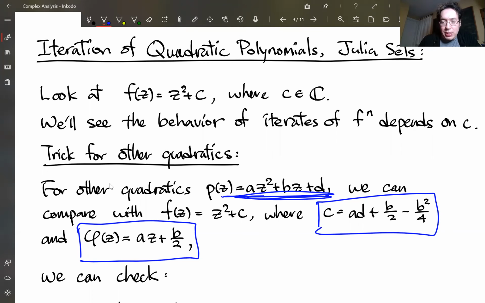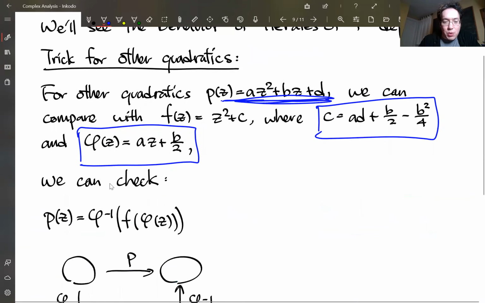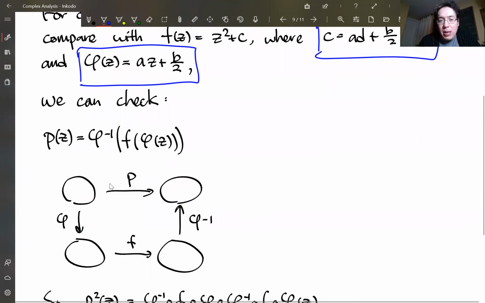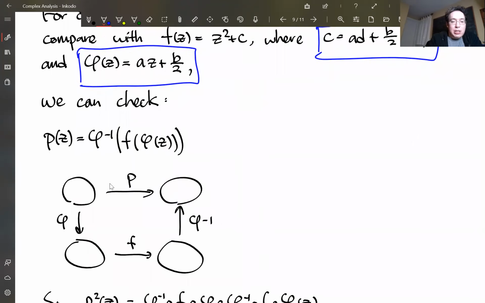So how are we going to use this to reduce to z squared plus c? Here's the trick. It turns out that you could get this general polynomial p by first applying phi, then doing z squared plus c, and then applying the inverse of phi.